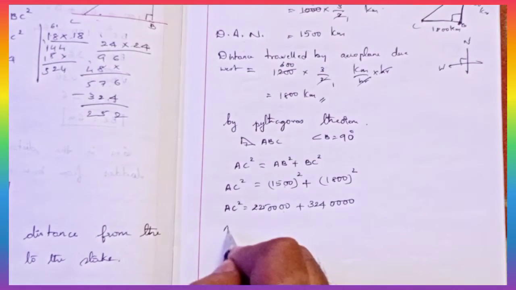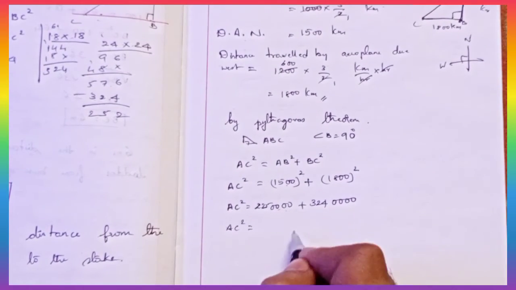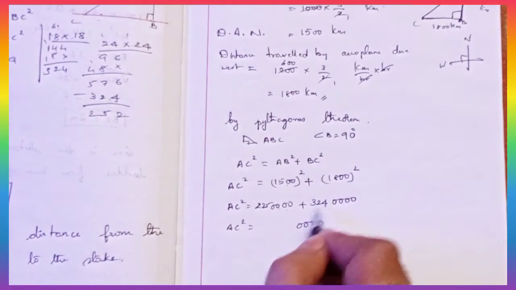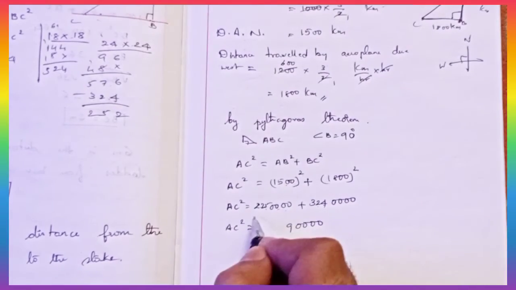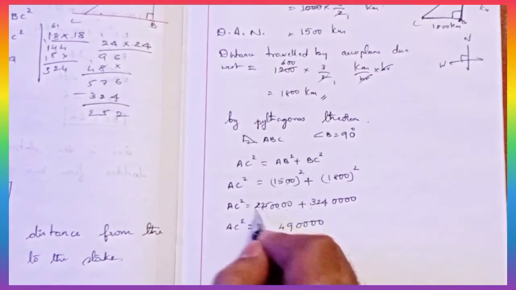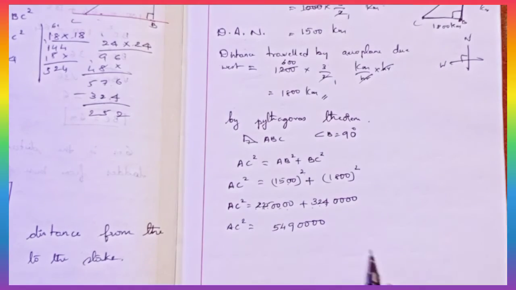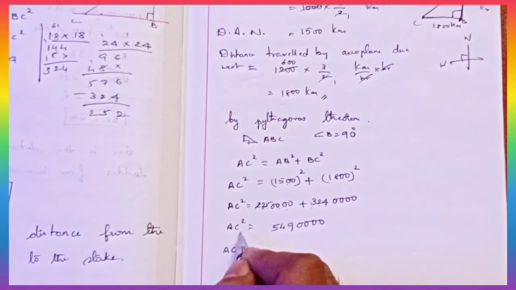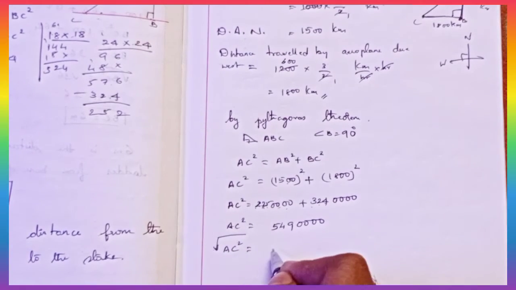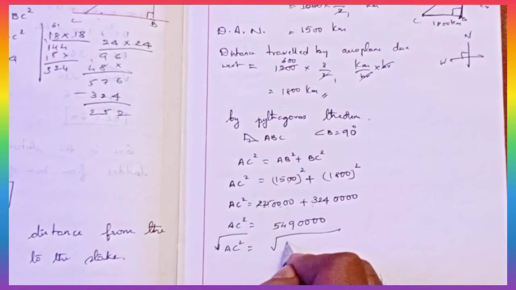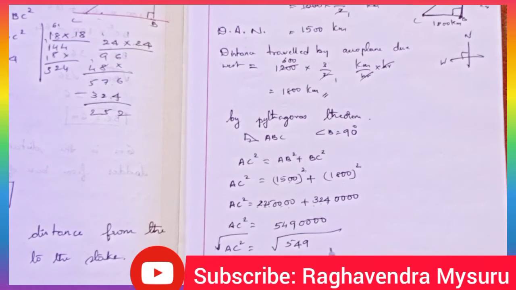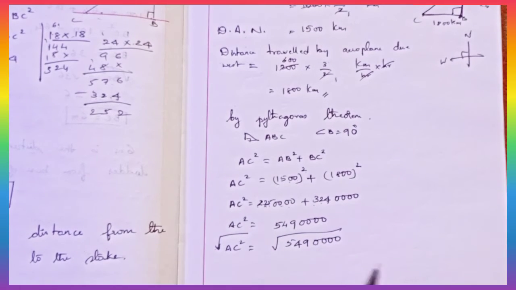We will add these two numbers now. AC square is equal to, 4 zeros as it is, 4 plus 5 is 9, 2 plus 2 is 4, 3 plus 2 is 5. We need to find out the square root of AC, therefore we will introduce square root on both sides. Square root of AC square is equal to square root of 5,490,000.